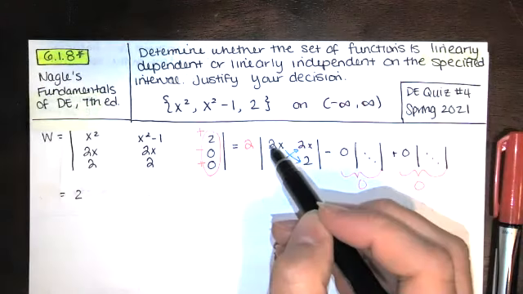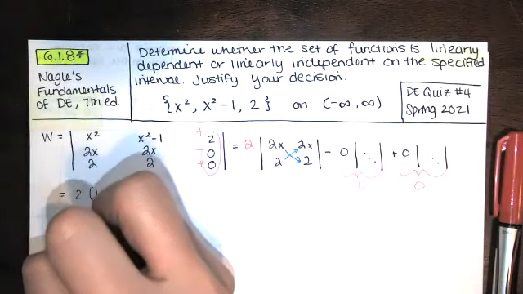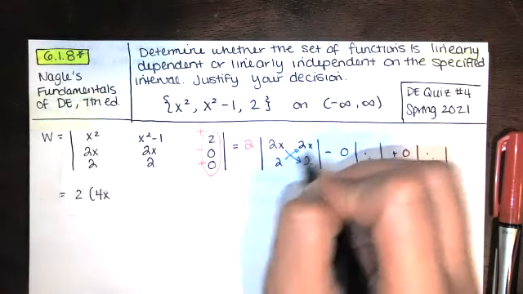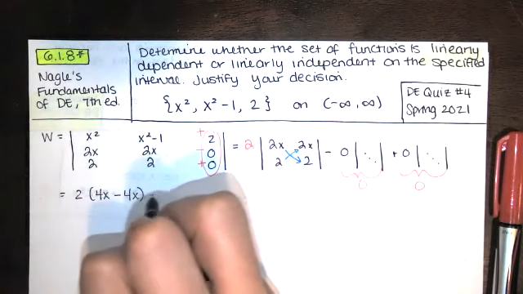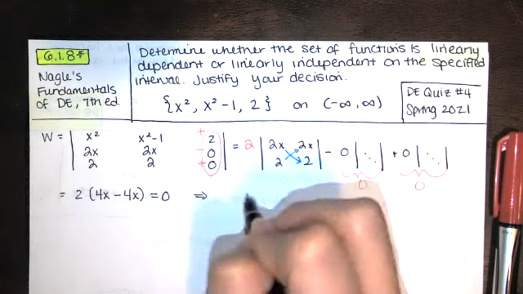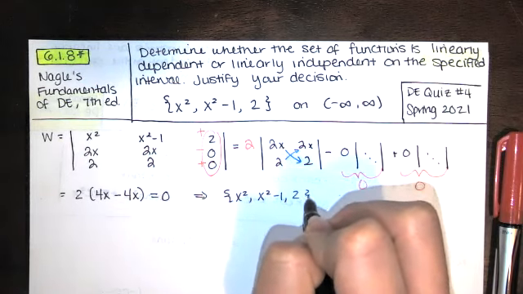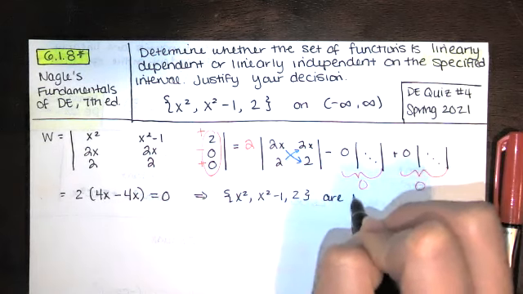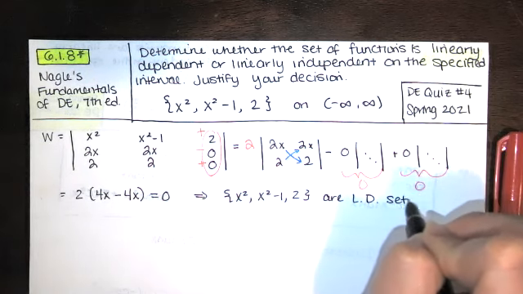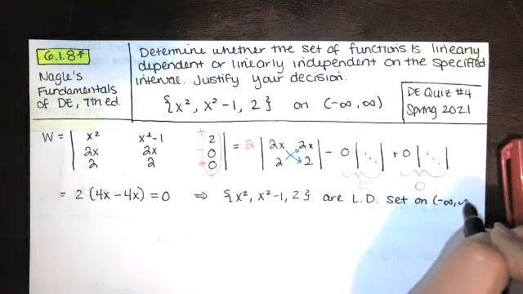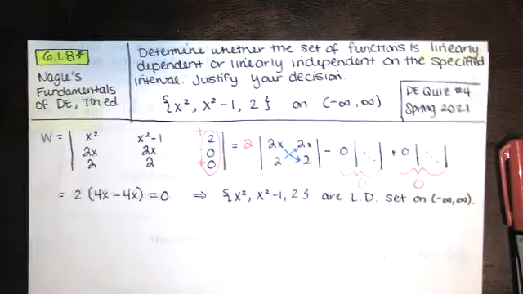So we're going to have 2x times 2 is 4x, and we're subtracting another 4x. And of course, 4x minus 4x is 0. So that means the functions are linearly dependent. And that's true for the interval from negative infinity to infinity.